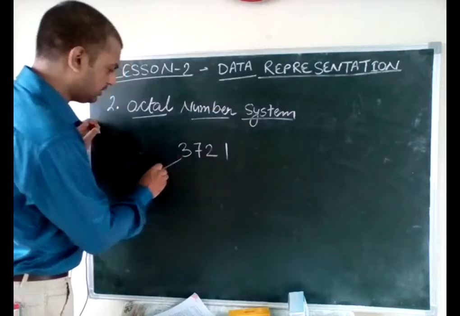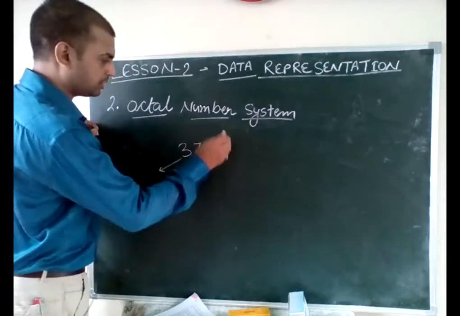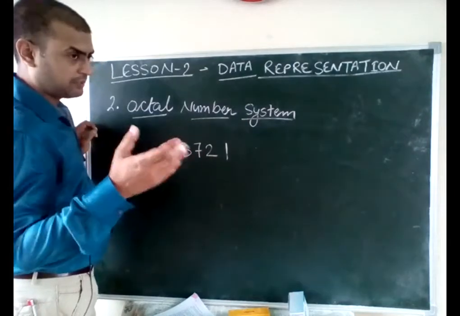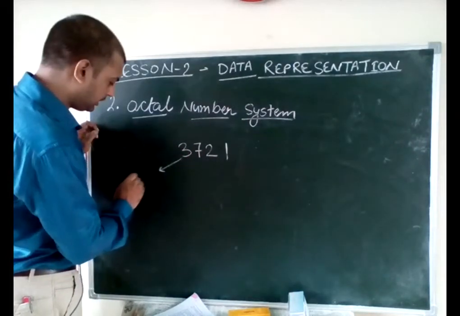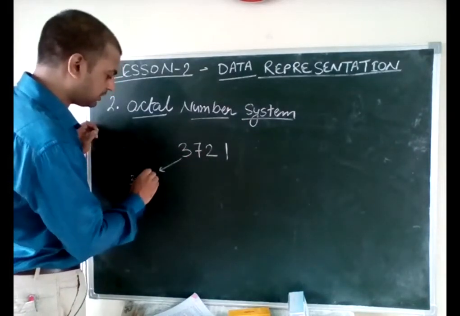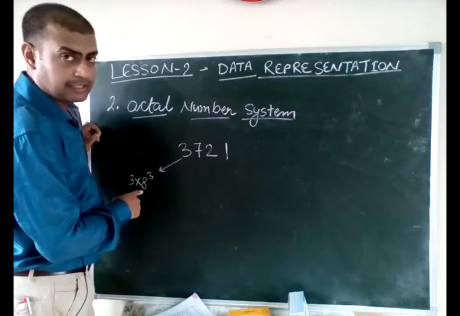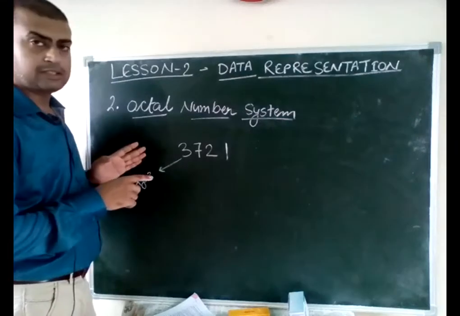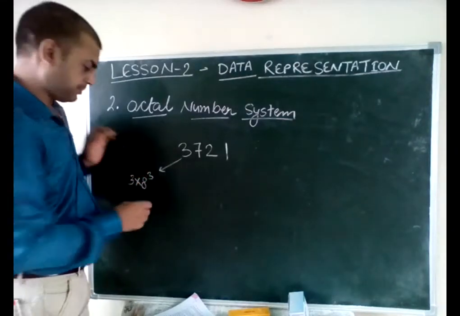Now I have to write this. First you have to count the digits: 1, 2, 3, 4. If it is 4 digits, then you have to start from 3. Now 3 into 8 to the power 3. Why am I writing this 8? I have written 8 because the octal number system has base 8.